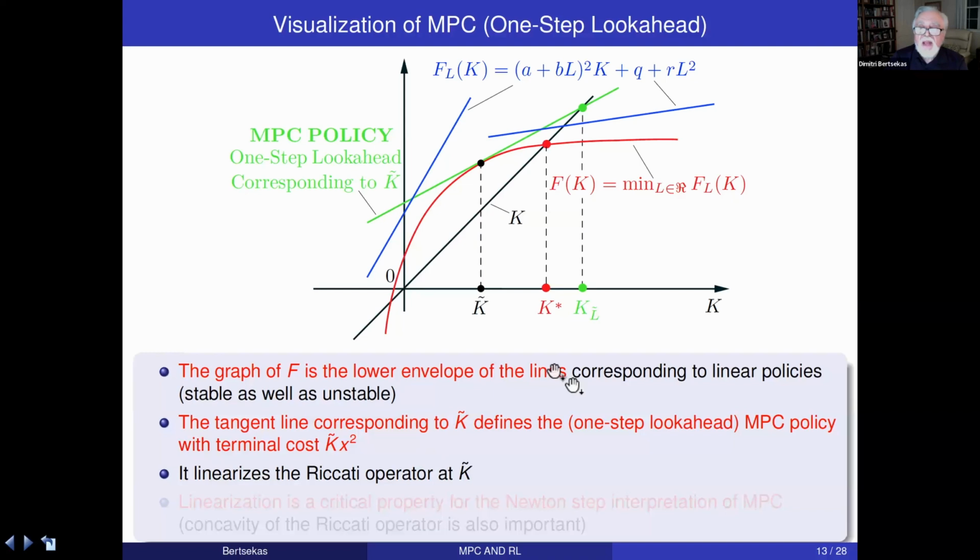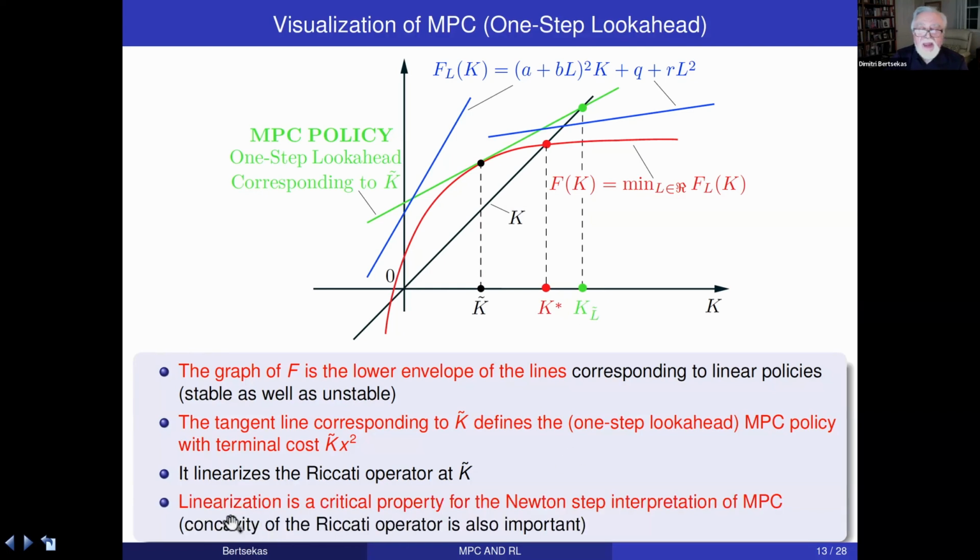Now notice that this cost is obtained by a linearization process. We basically linearize the Riccati operator at this point and solve the linearized fixed point problem to obtain KL tilde. And this is a critical property for understanding how Newton's method is involved. In Newton's method, you have to solve a nonlinear equation.